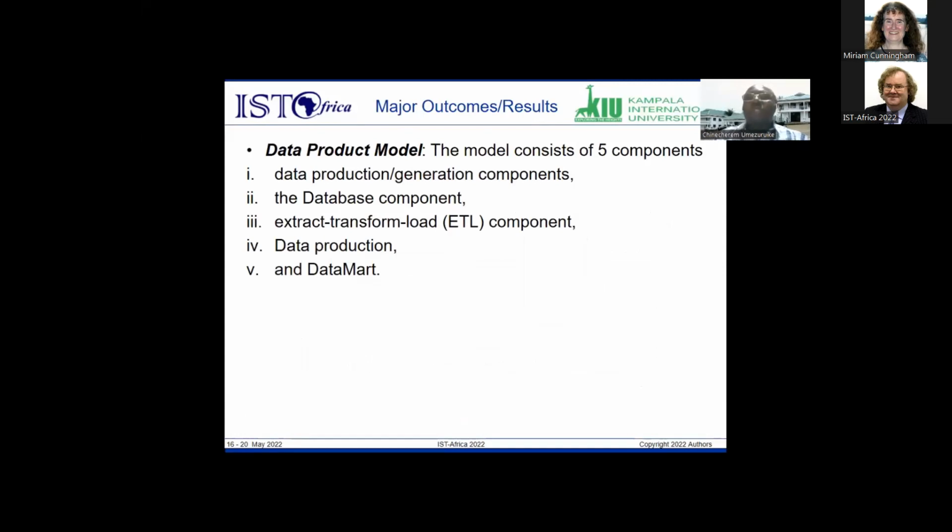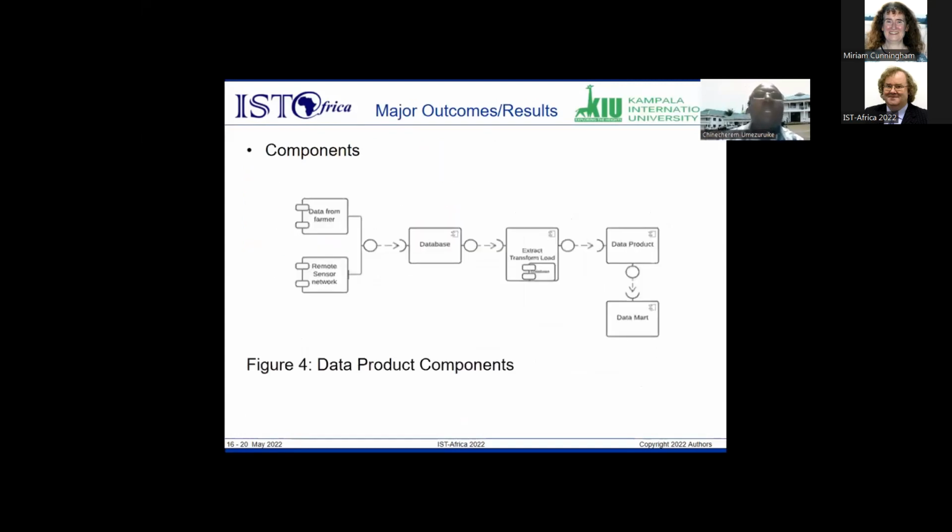The data product model consists of 5 components: the data product generation component, the database component, the extract transform load component, the data product production component, and the data mart. This shows the components, the way they interact with each other, and it ends up with the data mart.